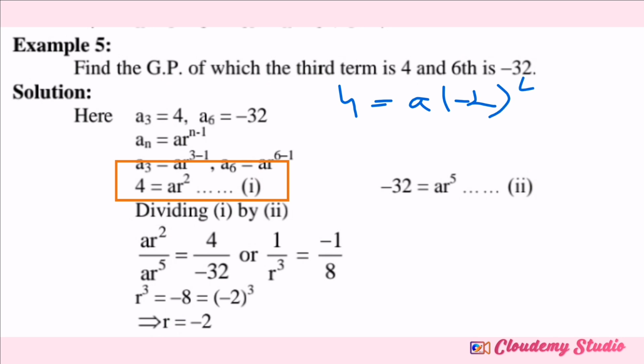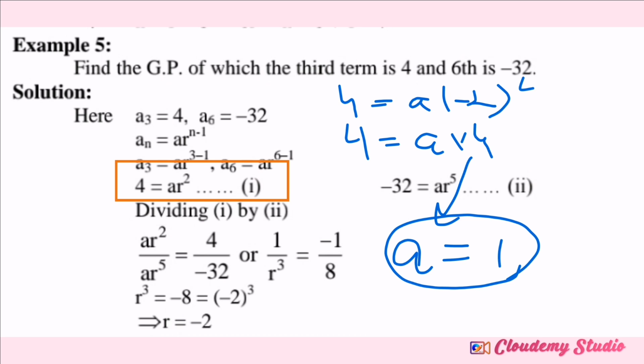So by simplifying this, 4 is equal to a multiplied by 4. So a is equal to 1. So the geometric sequence becomes 1, minus 2, 4, minus 8. This is the required geometric progression.